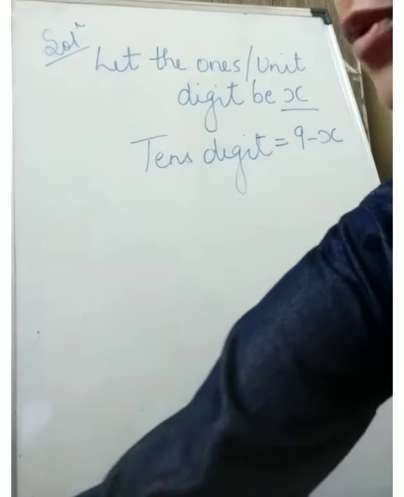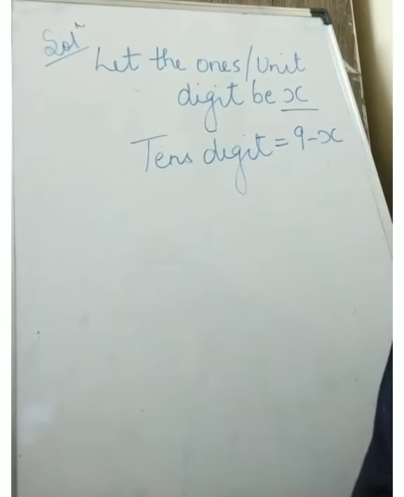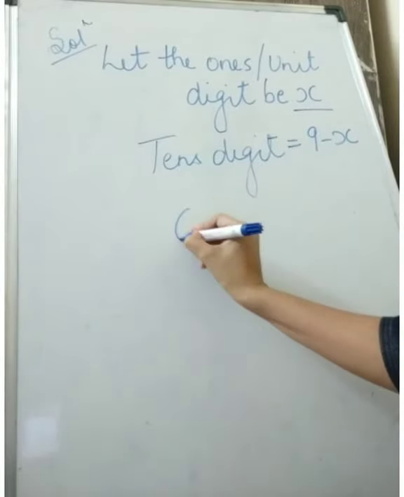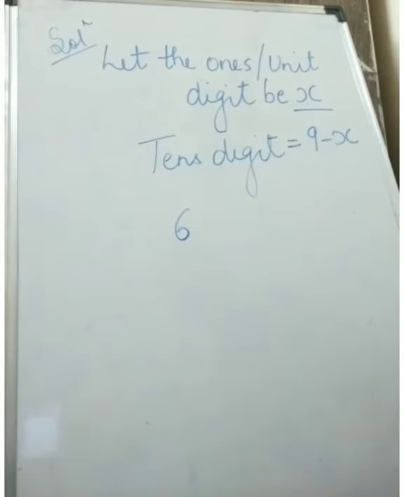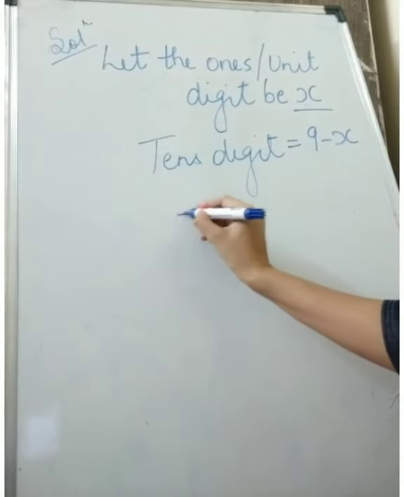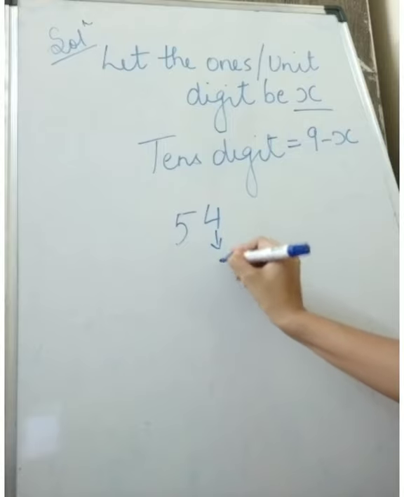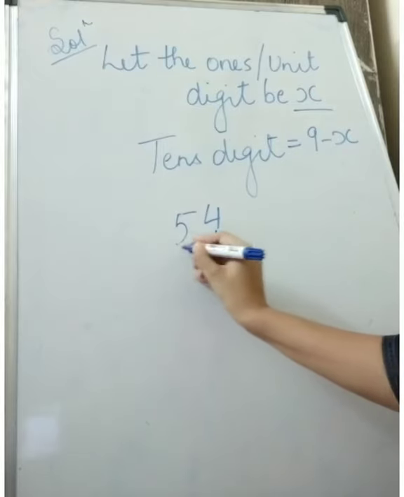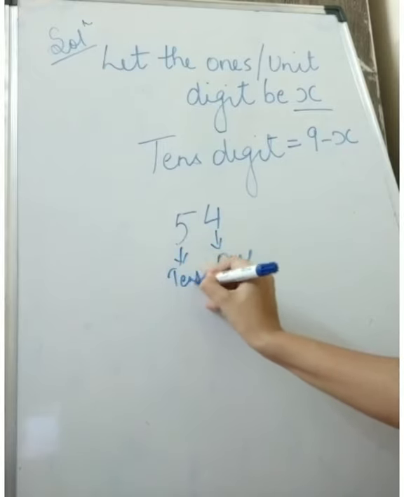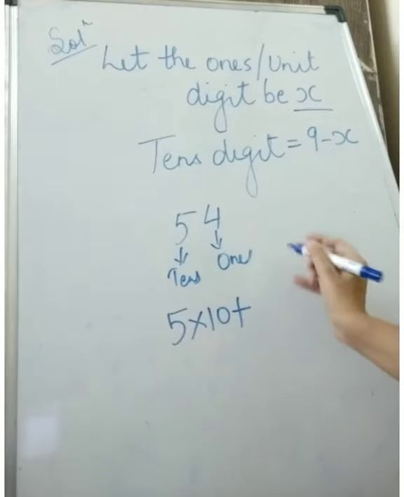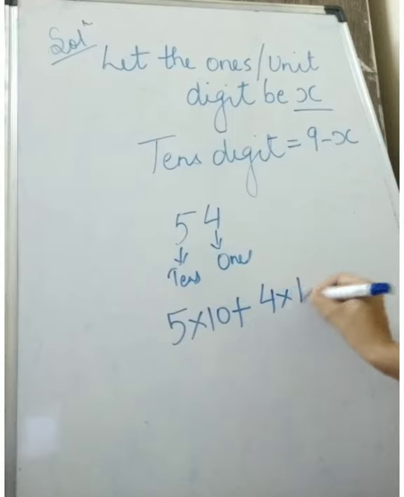Now the next thing which is given in the question, one more thing I will explain before moving on. Now suppose we are having 54. If we are expanding 54, since 4 is in the ones place and 5 is in the tens place, 5 I will multiply with 10 plus 4 I will multiply with 1.